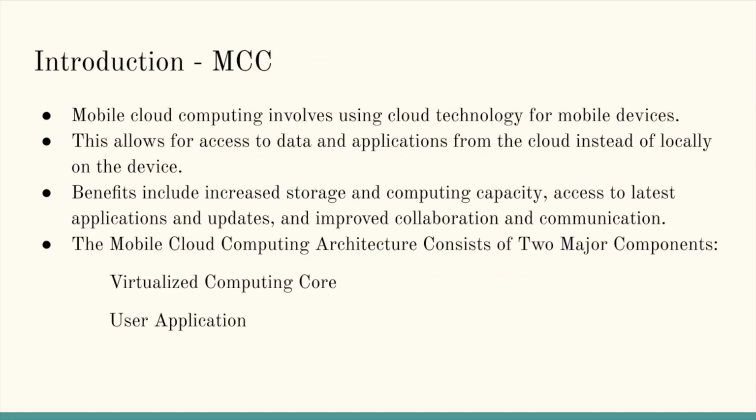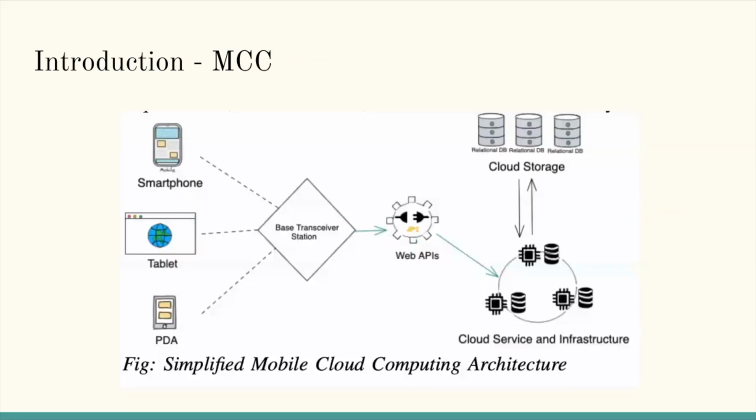And the user application is a normal application that has been fine-tuned and optimized to leverage the mobile cloud computing architecture. This diagram shows a broad view of the mobile cloud computing architecture. As you can see, this allows the users to access data and applications from the cloud instead of storing them locally on the device.